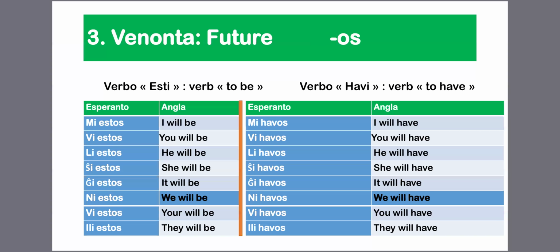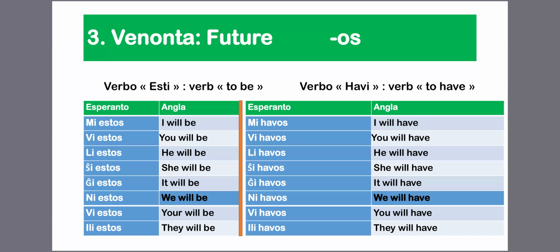So let me also proceed to the future, venonta. You see, also the future in Esperanto, we only add OS. The present was A and S, the past was I and S, and the future is O and S. Very simple.